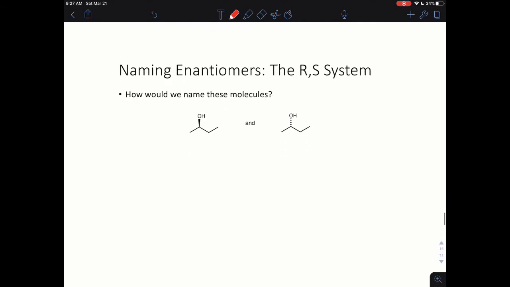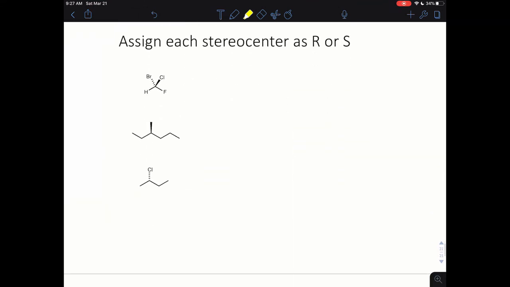Now, what we were planning to end with was actually learning how to name these molecules, because so far, we would call both of these 2-butanol. And they can't both be 2-butanol because they're not the same. So we're going to have to describe what's called the configuration of the stereo center, and that's going to be using this RS system, and I'm going to do that in a separate video.